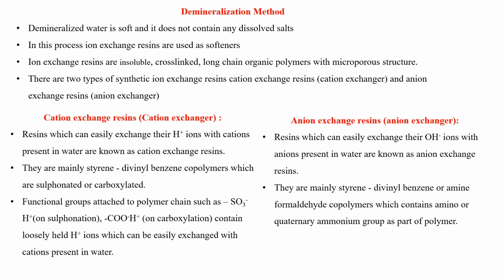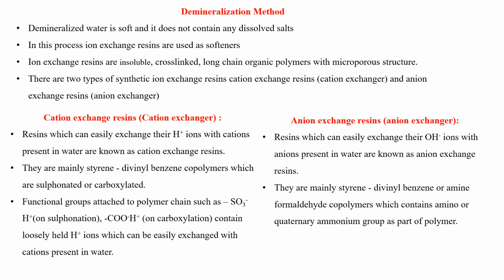We can see that these sulfonated or carboxylated groups have a loosely bound H+ ion, due to which it can easily be exchanged with the cations present in water. So that is the cation exchange resin.